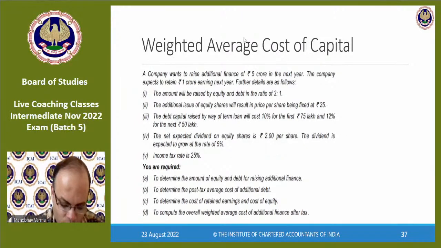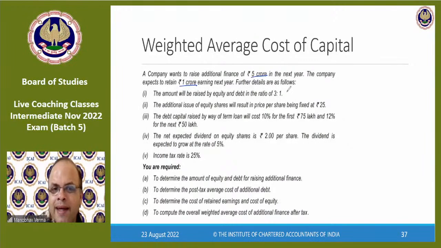Madhushri says 3 and 2. How can that happen? Prabhas says 3. Prabhas, I think your answer is the same as Aditi's, 3 crore and 1 crore. Those of you telling me 3 crore and 1 crore are saying that out of 5 crore, 1 crore is retained earnings, and the remaining 4 crore is split 3:1. But guys, that 1 will be part of the equity, right? So if you're telling me 3 crore and 1 crore, you're actually telling me 4 and 1. So the ratio will not be 3:1.